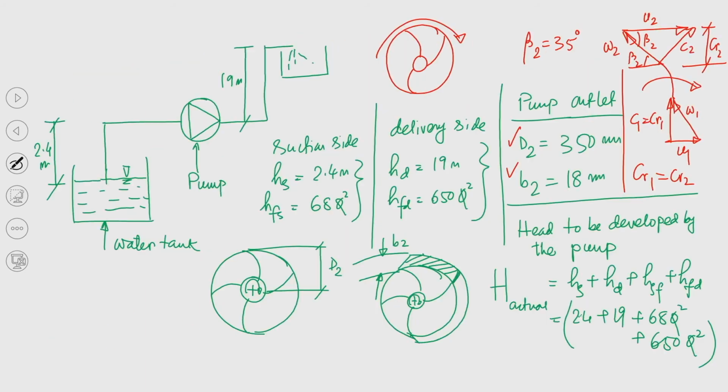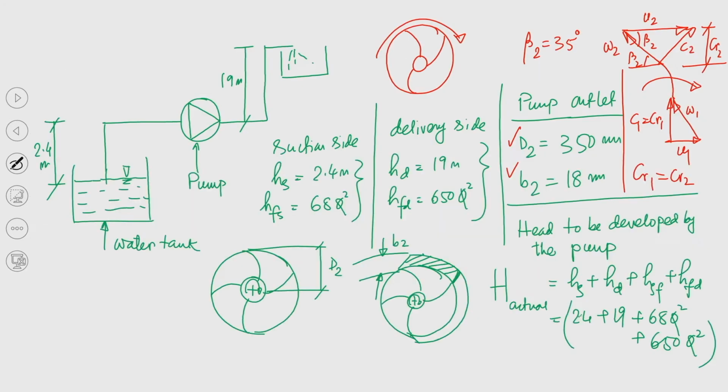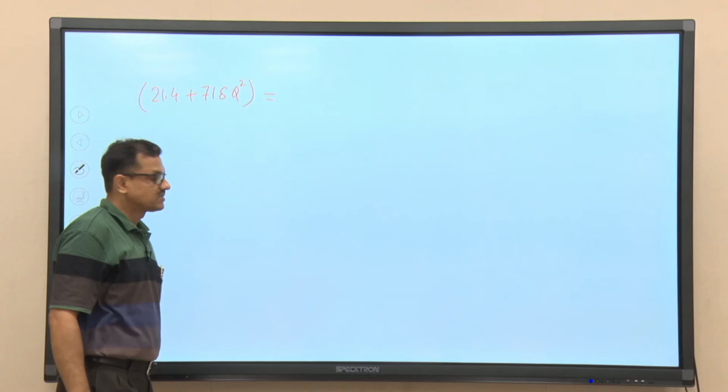Again, if we go back to the problem statement, what is written? See, 50% of the velocity head of the water leaving the impeller is converted to the pressure head. So, you can understand, if we go to the next slide, this is the amount of head that will be developed by the pump, right.